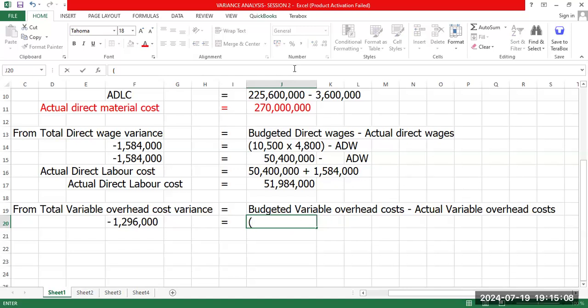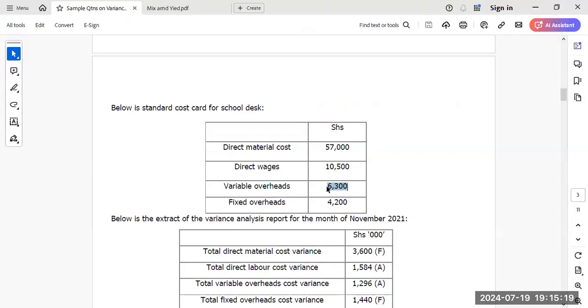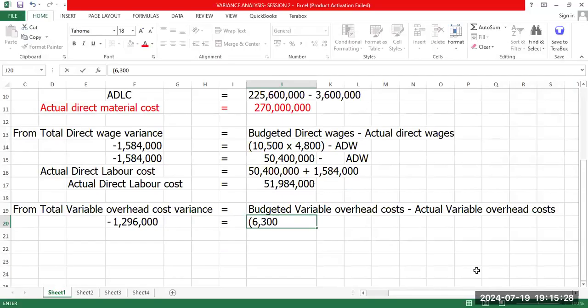The planned one is how much? They are planning to incur 6,300 on every school desk. So we get this one times the number of school desks, 4,800. Then we subtract the actual variable overhead costs.